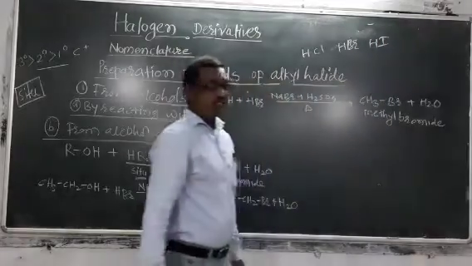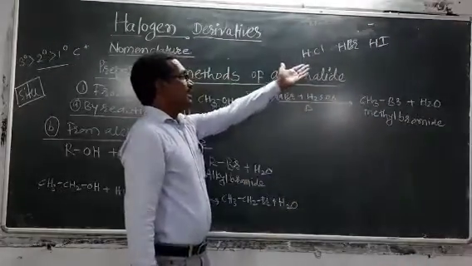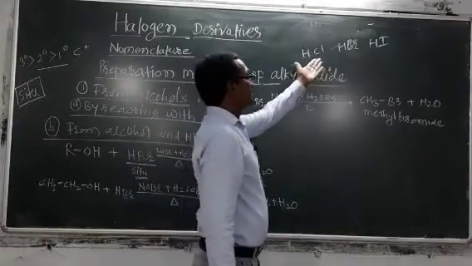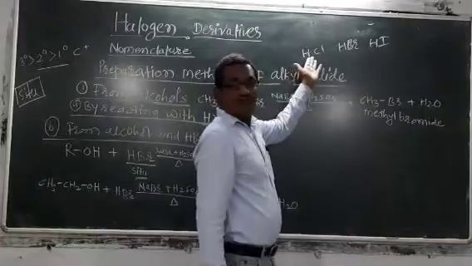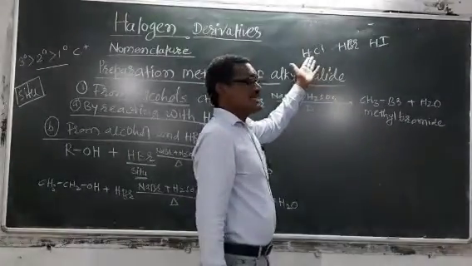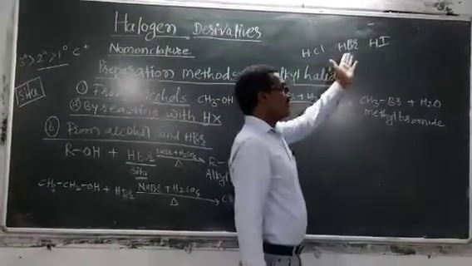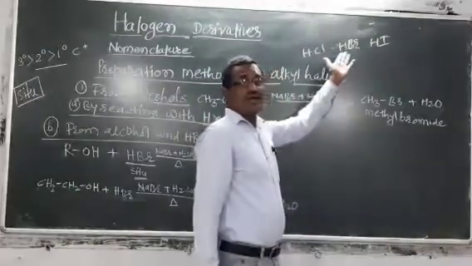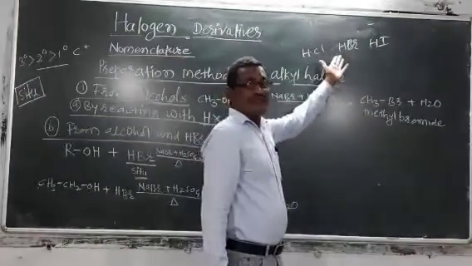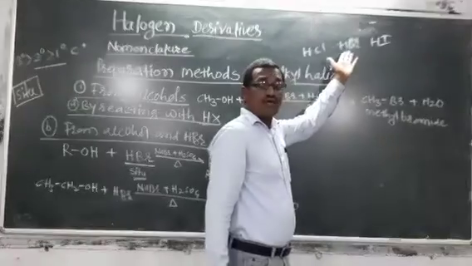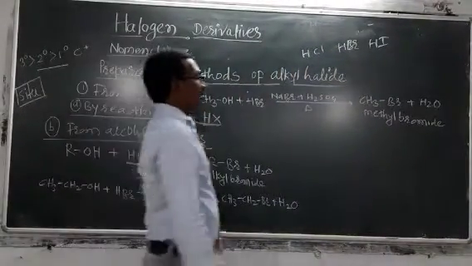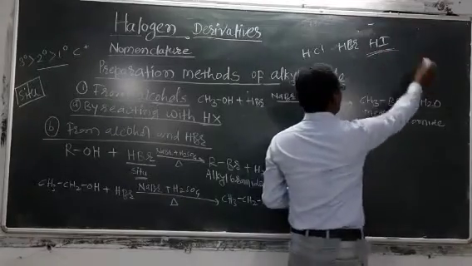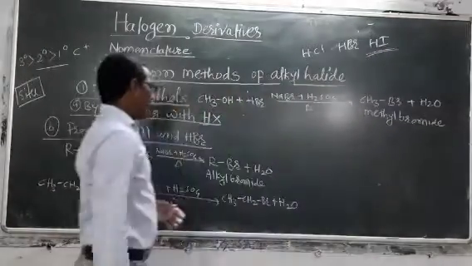We have completed preparations of alkyl halide from alcohol using HCl and HBr. By reacting alcohol with HCl, we get alkyl chloride. By reacting with hydrogen bromide, we get alkyl bromide. And lastly, the third HX, that is HI.